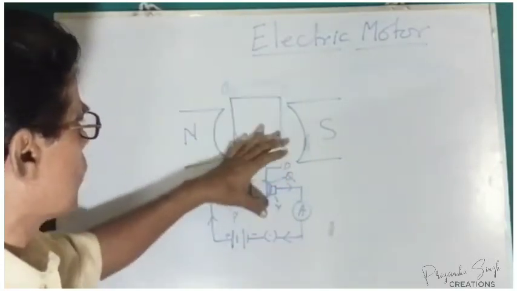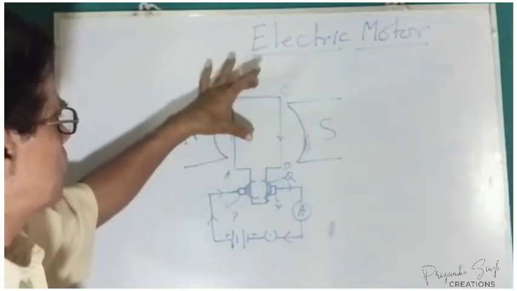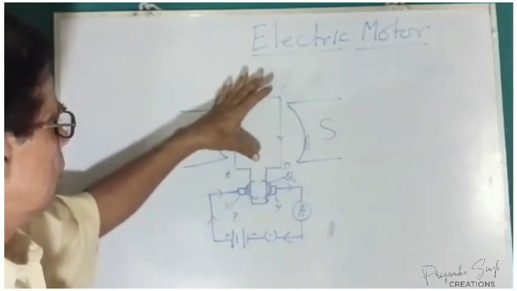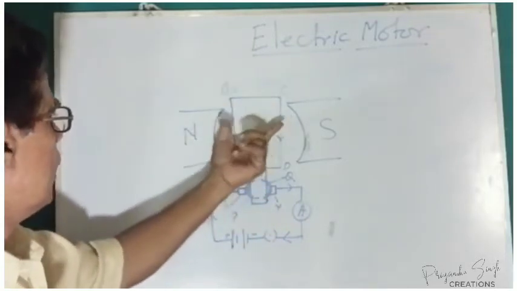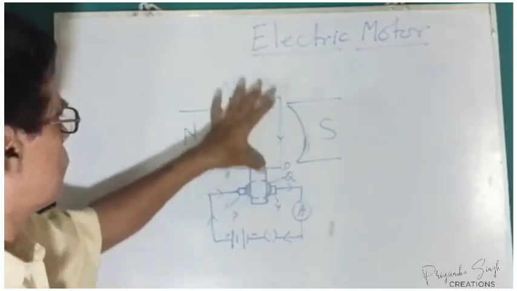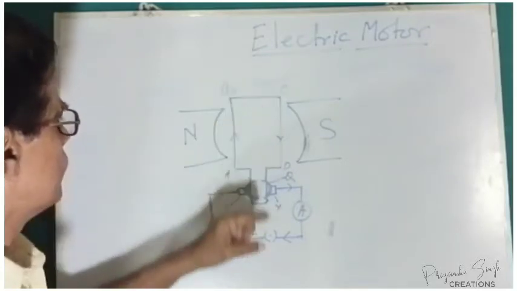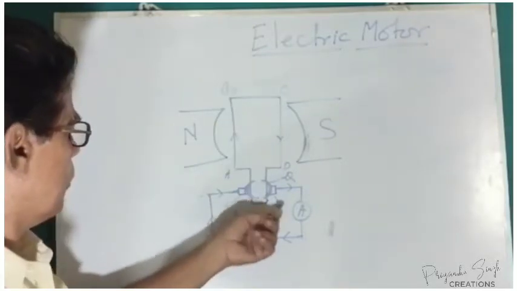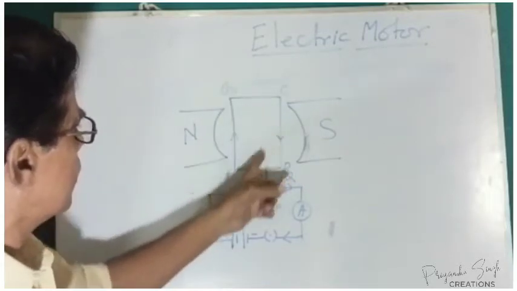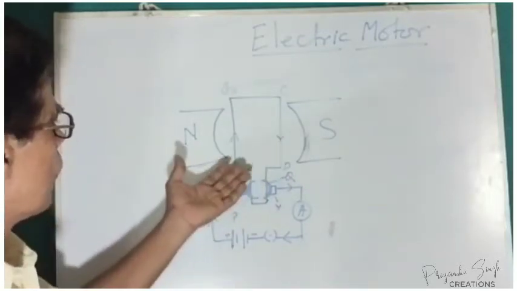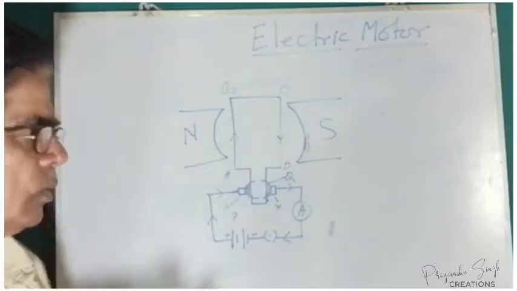This rectangular coil is fixed with two rotating devices, that is ball bearings, about which this rectangular coil can be rotated.